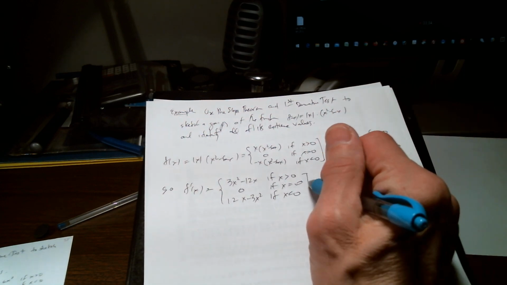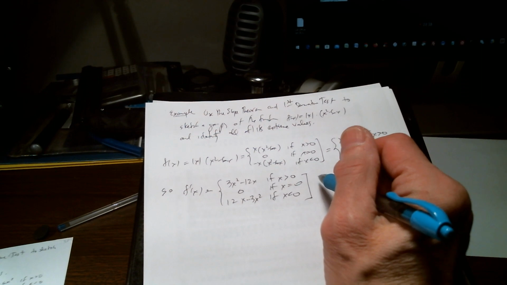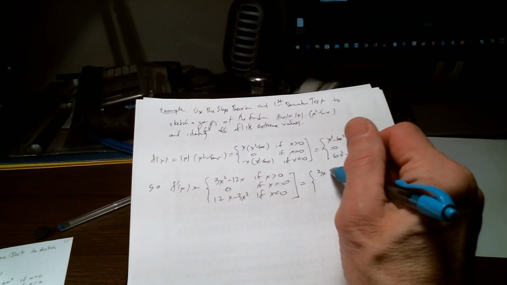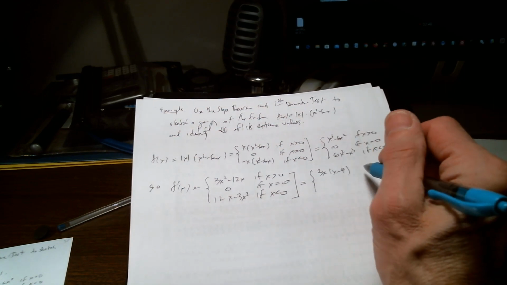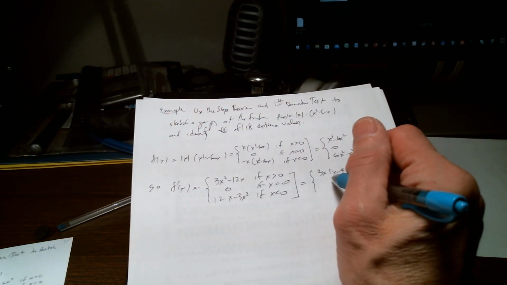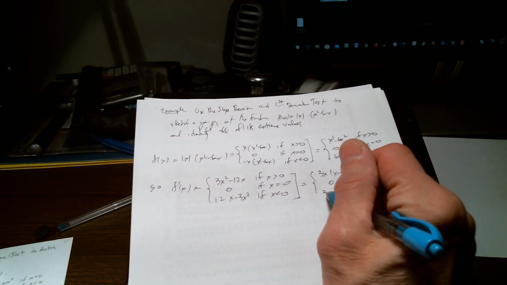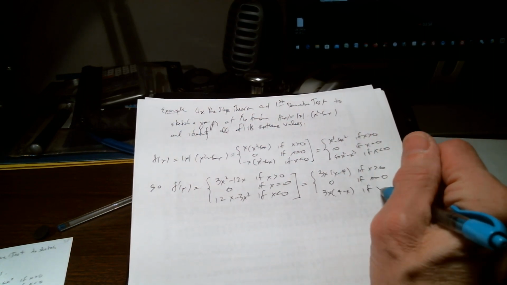And so we could simplify this formula to be 3x times x minus 4 in case x is positive. Derivative is 0 again if x is 0. And it's 3x times 4 minus x if x were negative.